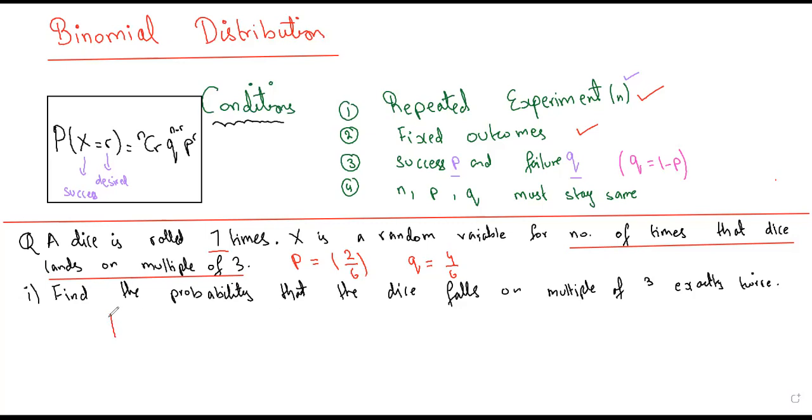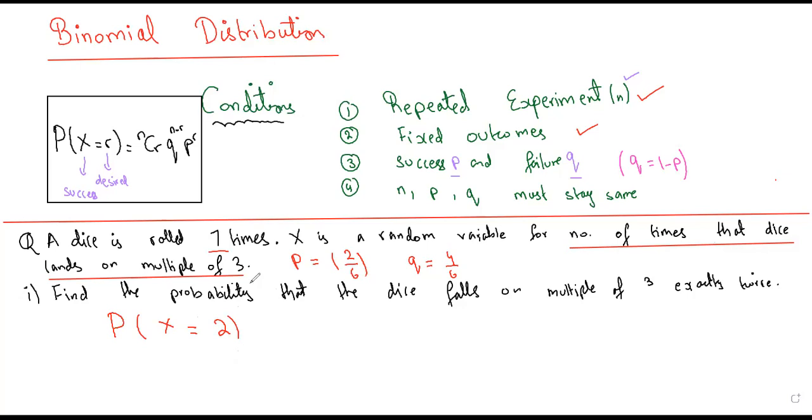So you need to find the probability that x, that is the number of times the dice lands on multiple of 3, is exactly twice. Okay, that is why I'm using equals to 2. In some cases, you will see that we would be using inequalities here as well. But this time around, it says exactly twice. So I've just used this 2.